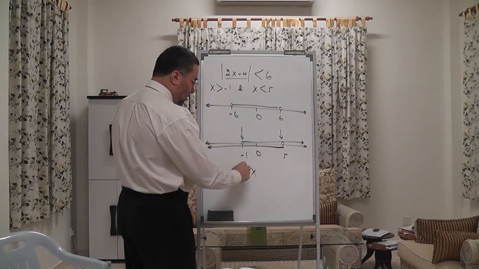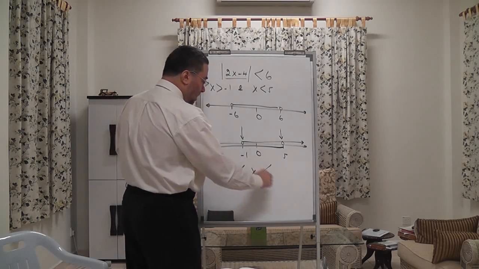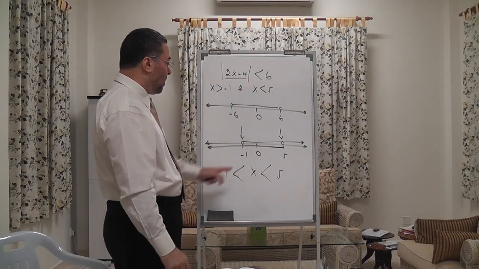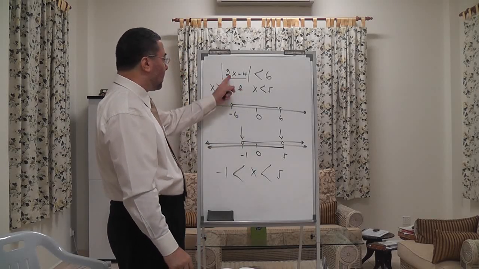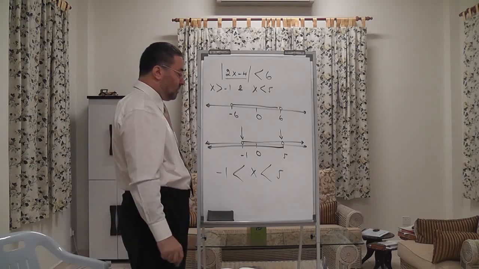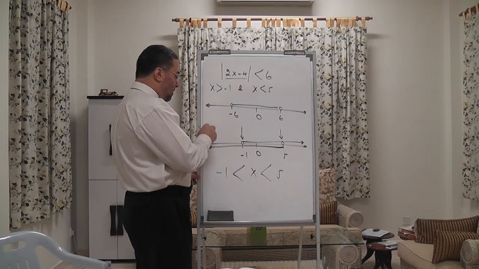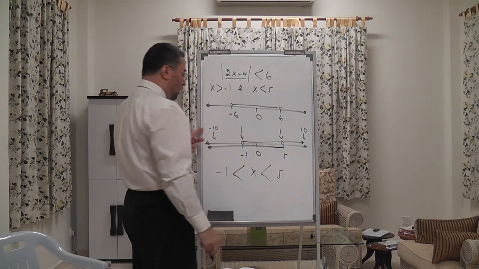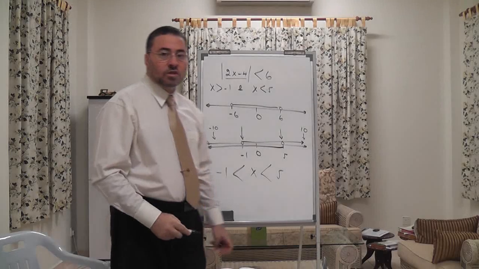So x is between -1 and 5. And that's the solution to this inequality. If you try now 0, you'll find that 0 gives a true statement. And if you try -10 or 10, you'll find that these two values give a false statement.